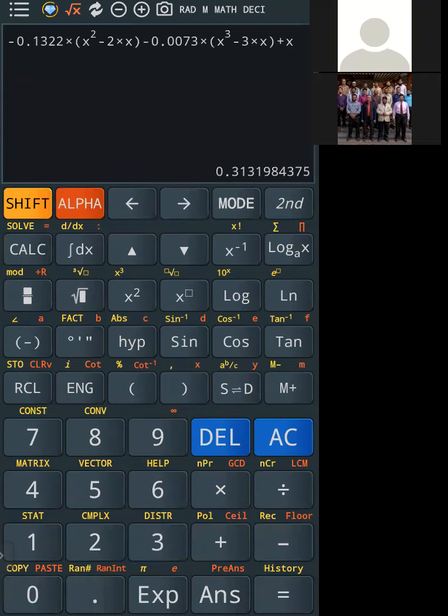Let's solve it. For x is 0.25, we're getting 0.3132. Now for x at 0.5, we get 0.6091. For x equal to 0.75, we're getting 0.8872. For x equal to 1, we get 1.1468.